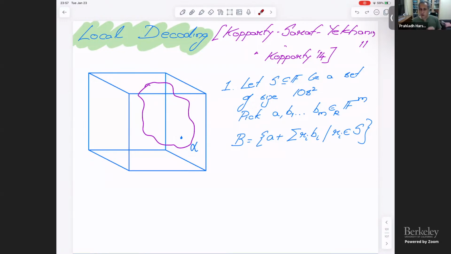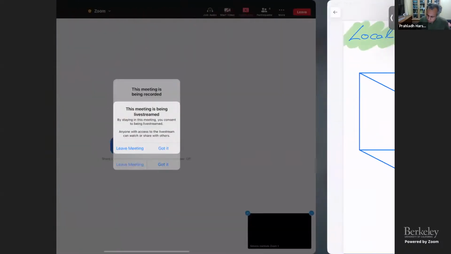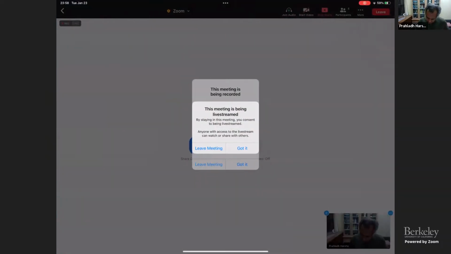We are going to shoot off lines through this point alpha, look at the restriction of the multivariate multiplicity code to these lines, and you're going to get univariate multiplicity codes. You're going to decode them, and then put that information together to be able to decode at the point alpha. Now, how do we choose? We want to choose a large, nice set of lines.